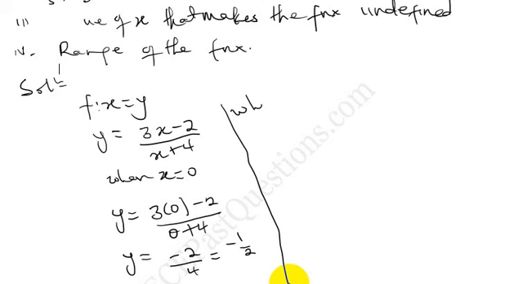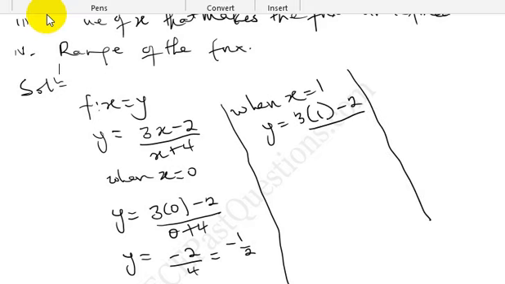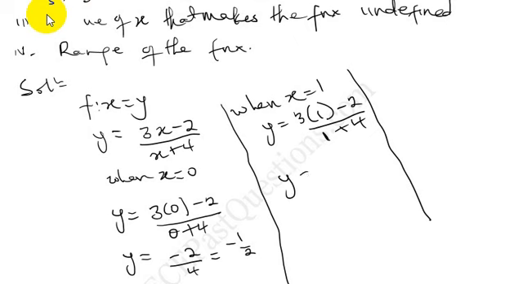So when x equals 1, we are going to get y equals 3 bracket 1 bracket close minus 2 all on 1 plus 4. We are going to get y being equal to 3 minus 2 all on 5, which is 1 on 5.